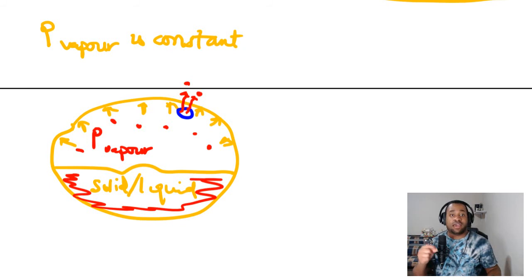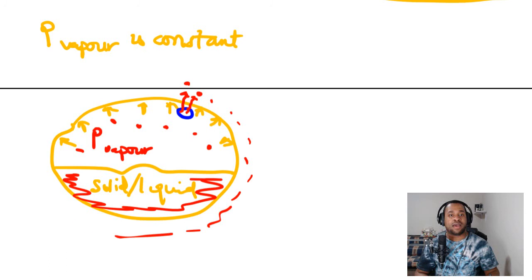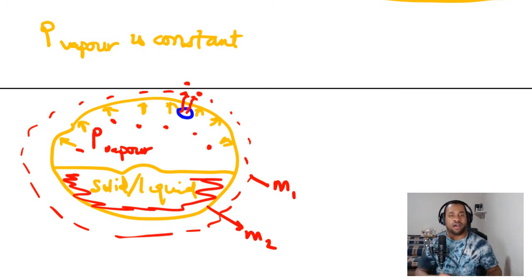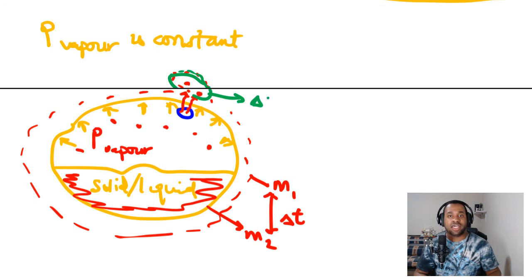Therefore, in this particular case, we can assume that based on this change in the constant pressure of vapor pressure, we will then assume that the mass before, which is represented as m1, and the mass after the release of that number of particles is accounted for based on the change in time and the number of particles that are released, which is expressed as change in m.